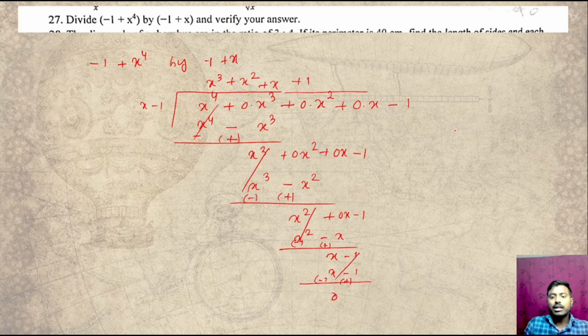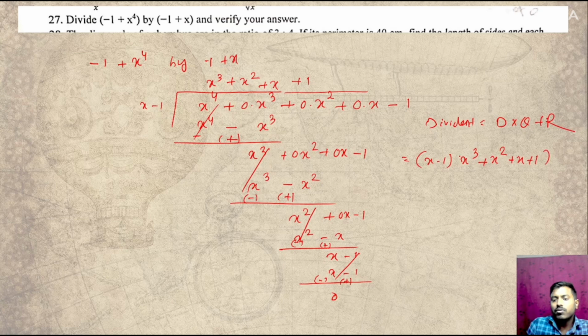Now verify. We know that dividend is equal to divisor into quotient plus remainder. Divisor means x minus 1, quotient means x cube plus x square plus x plus 1, remainder means 0.